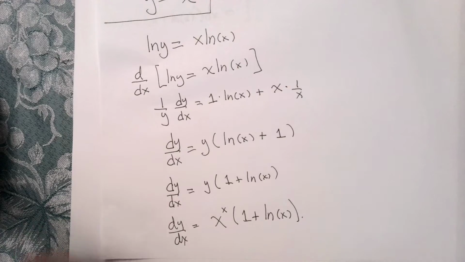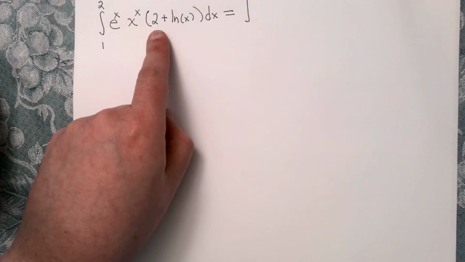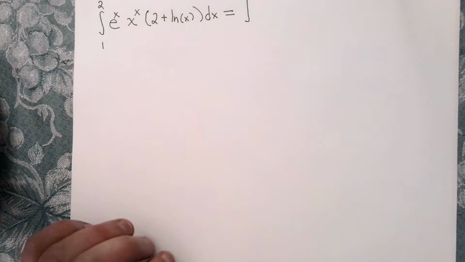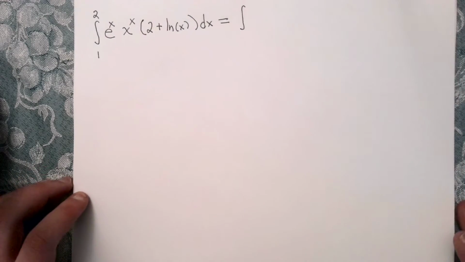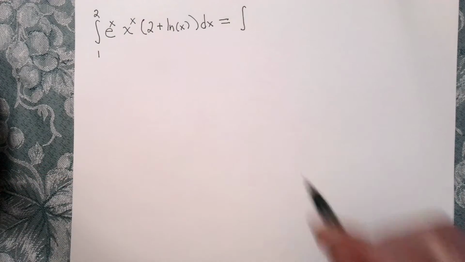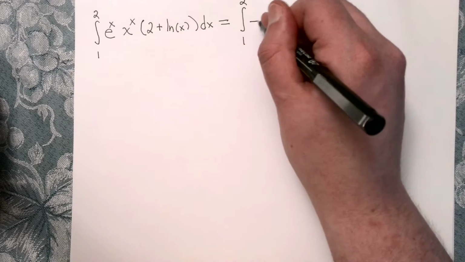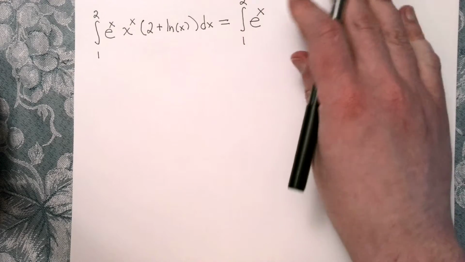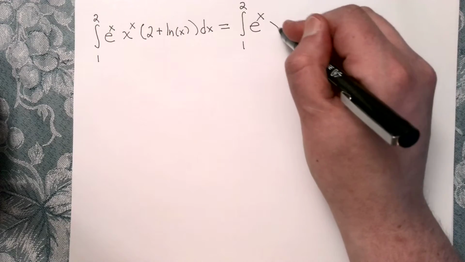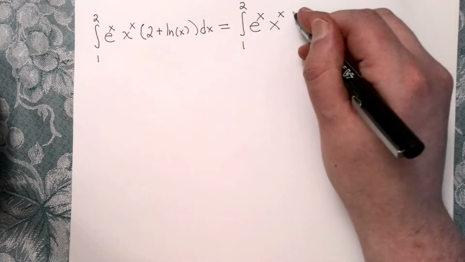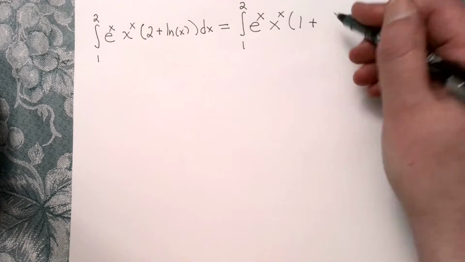That's sort of motivating why I'm splitting this up into 1 plus ln of x. And I'm hoping to discover the product rule. Okay, so that seems pretty good so far.